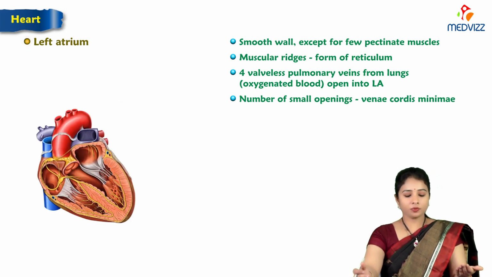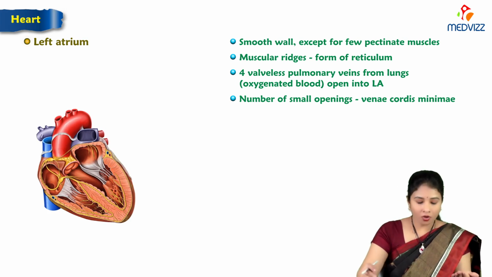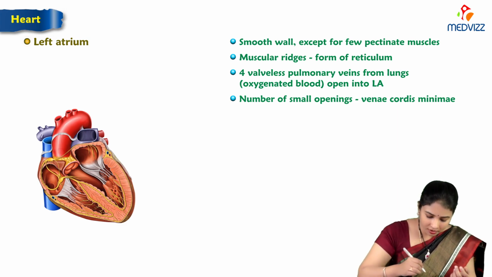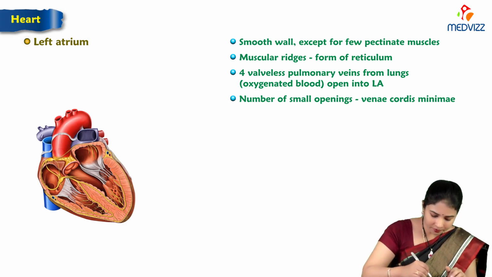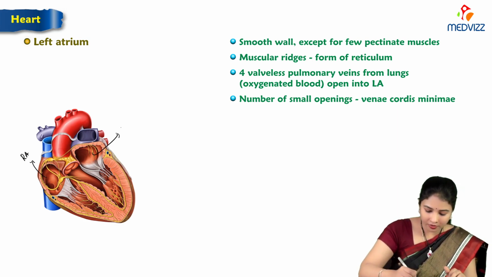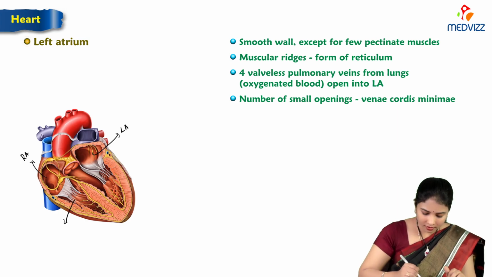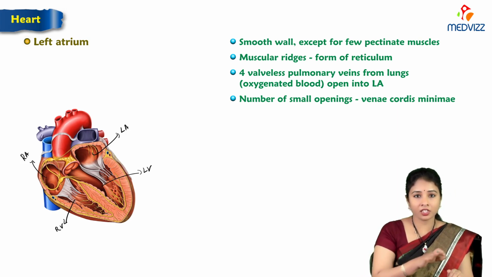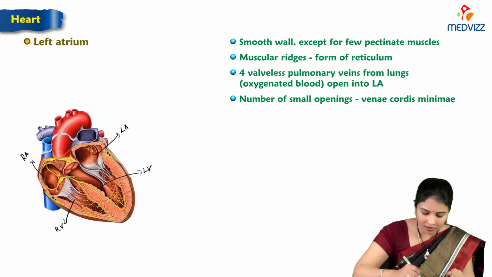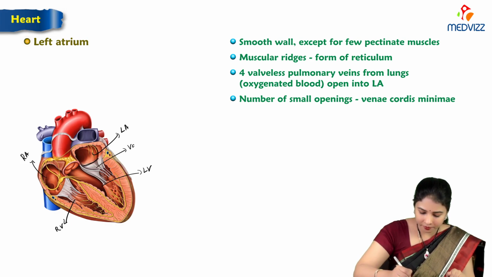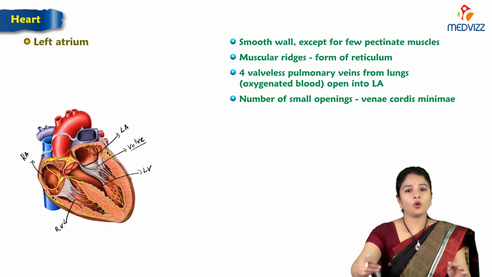Okay, here is an image which is taken not in cross section, it is taken in a coronal section where we can see both the right and left atrium. This is the right atrium, this is the left atrium, this is the right ventricle, and here is the left ventricle. The section is taken along the atrioventricular orifices. This opening where we are seeing this valve is the atrioventricular orifice.